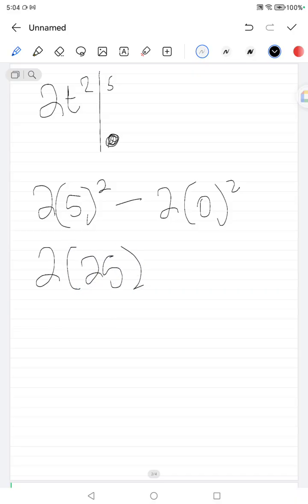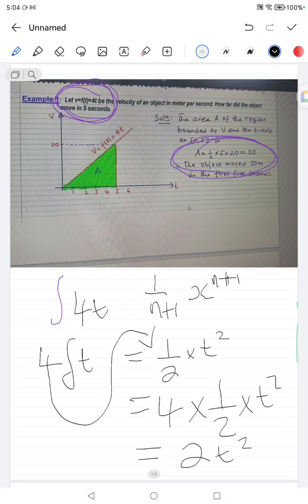Then we know this part is 0, it's going to cancel out. Then this is the same as having your 50, you see. So you can either use this method, or you can use the one where you use the triangles and stuff like that. They all give you the same value, which is 50. As long as you followed the right steps, you will definitely arrive at the same answer.